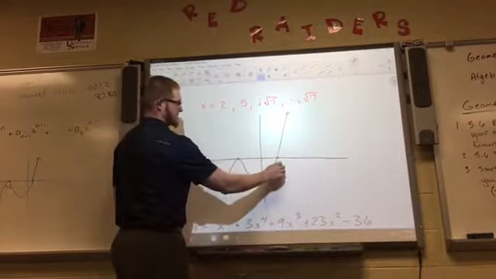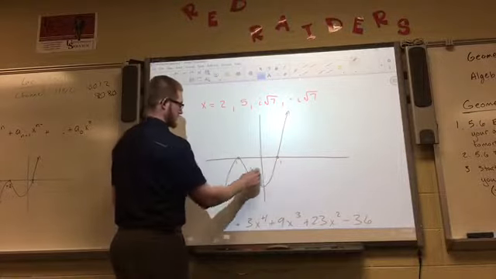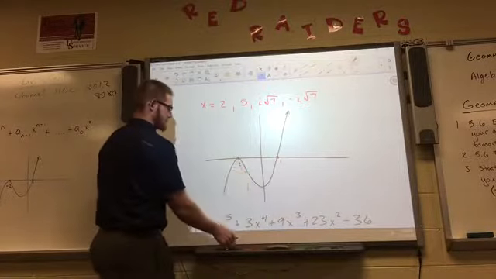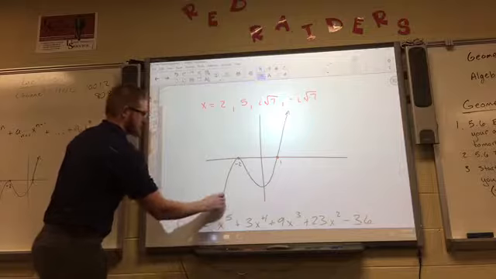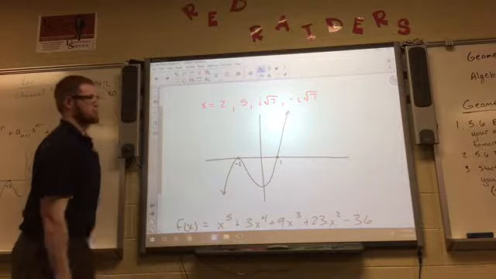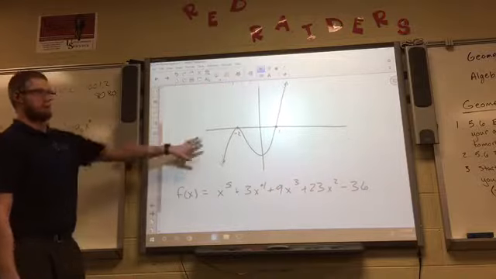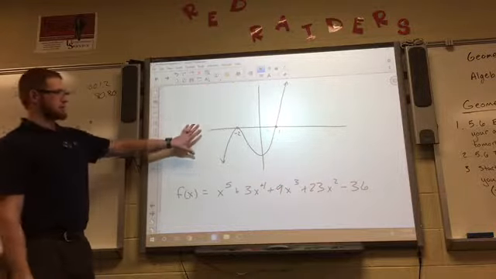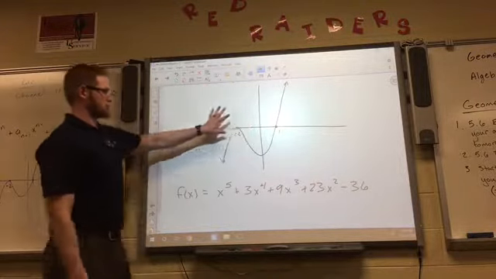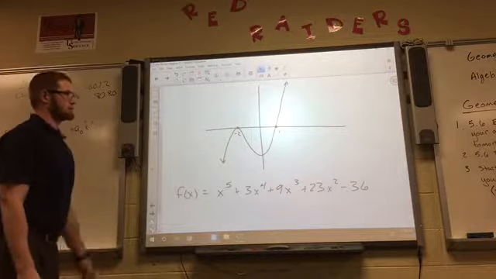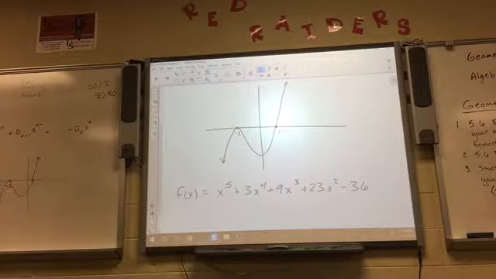But let's say this is x equals 1 and this is x equals negative 2. When I plugged it into GeoGebra, this is the graph I got. Okay, so what does this tell me? Where should I maybe start when using synthetic? I should start with either a negative 2 or a positive 1, right?